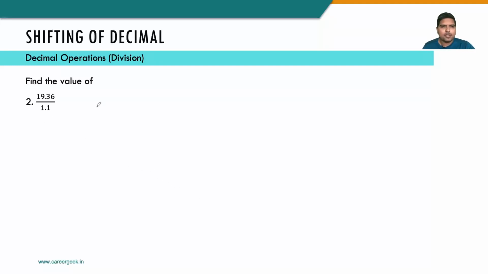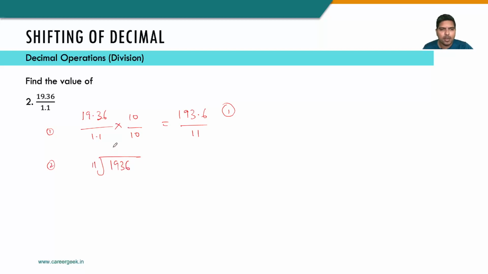Now let's try this. So step 1 is we let go of decimals in the denominator. So one place or the one digit, so multiply by 10, you get 193.6 upon 11. Step 2, count the number of digits. There's only one digit. Okay, now we divide it normally.